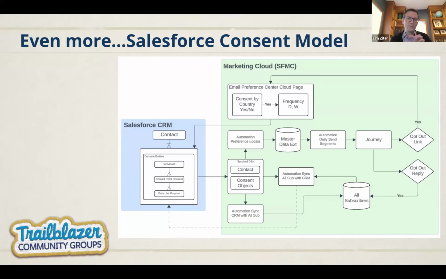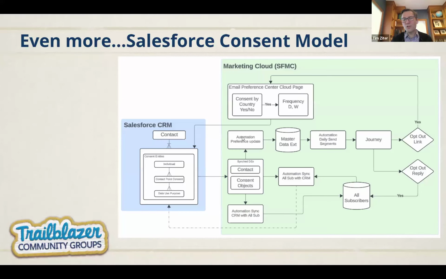You'd still want All Subscribers to be the database of record. If you wanted to migrate to a little bit more complex model and have the consent model be the database of record, you could set up automations where the consent records are synced over into Marketing Cloud. You would set an automation that would update All Subscribers to make sure it aligns with the consent model.